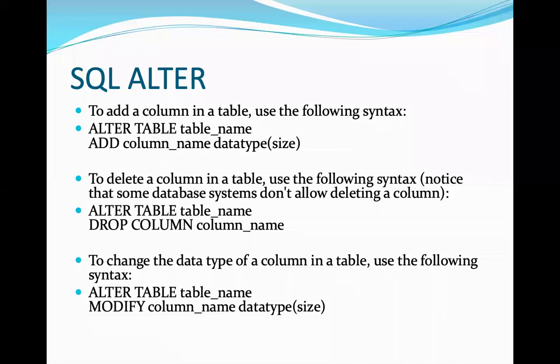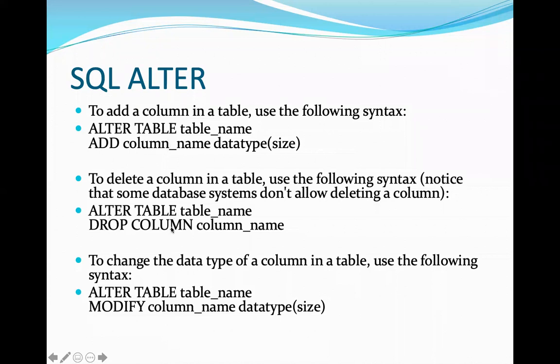Then we have seen the alter command, by which we have gone through how we can add a column into a table. For that we use the alter command. The alter command can also be used to remove a column from the table. So this is alter table name add column and the data type of that column, which will add that column into the table.